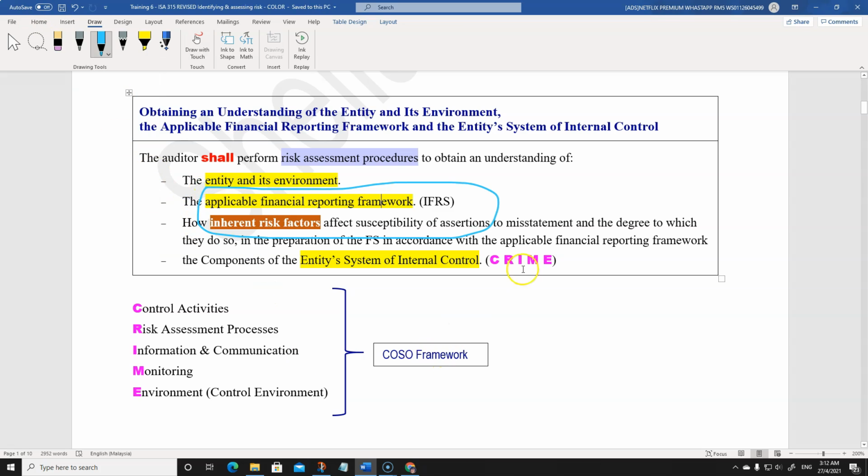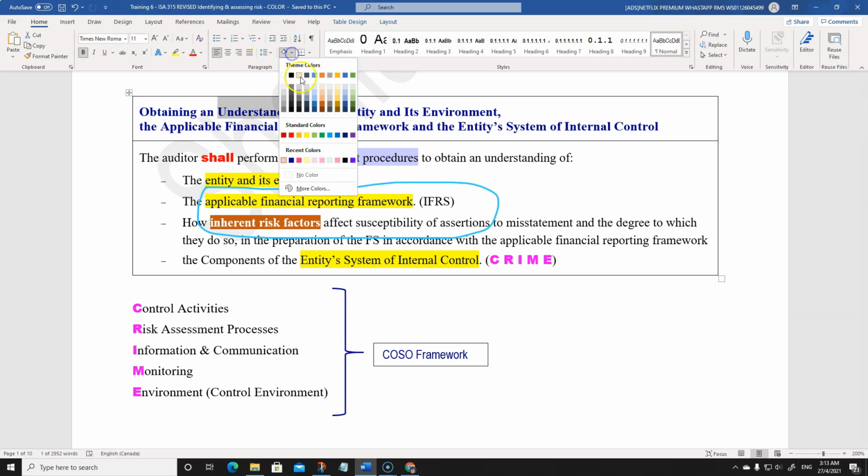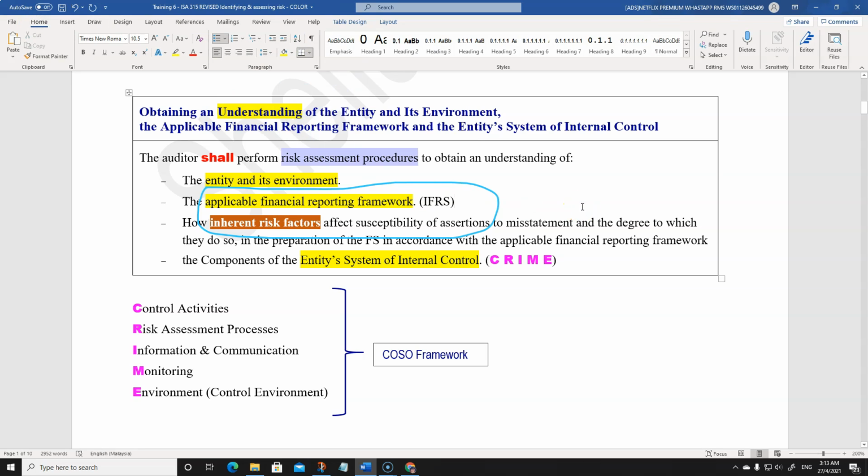So this inherent risk factors is a new term that is found in this revised standard. We'll deal with that later. Okay, I don't want to confuse you at this stage. So just need to know that the understanding of the entity and the environment, here, let's just color this yellow, involves three areas: the entity and its environment, the applicable financial reporting framework, and the internal controls.